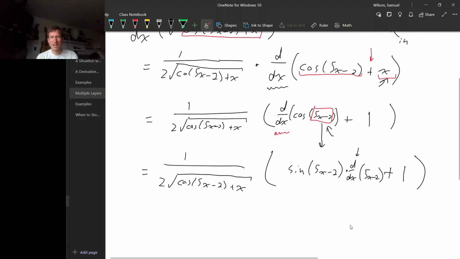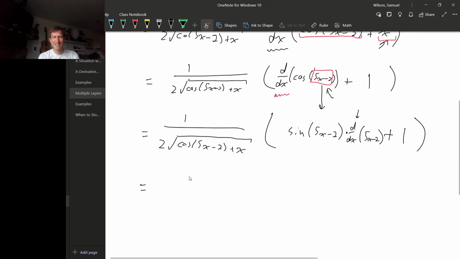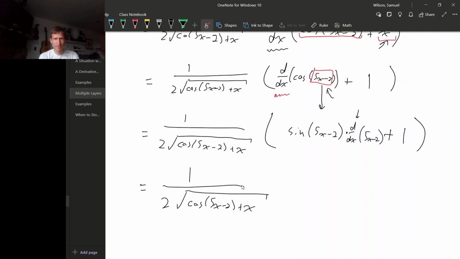So you can see that we've had to use the chain rule again to handle this second layer of function composition. So 1 over 2 square root cosine 5x minus 2 plus x times sine of 5x minus 2, and then the derivative of 5x minus 2, you can use the difference rule and the constant multiple rule, it's 5.